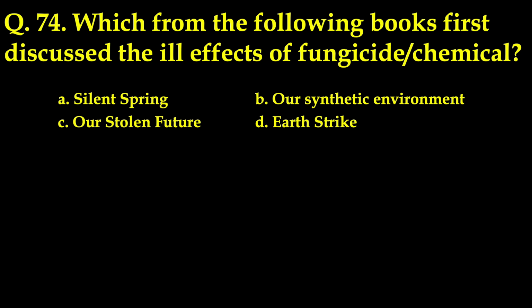This is another question. Which from the following books first discuss the ill effect of fungicide or chemicals? There are 4 options. Silent Spring, Our Synthetic Environment, Our Stolen Future, and last option is on Earth Strike. Probably the answer is known to all.